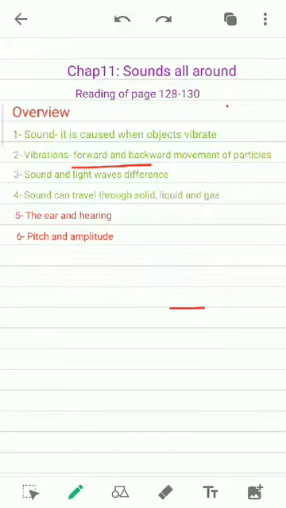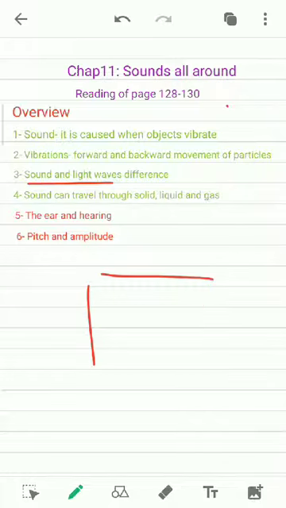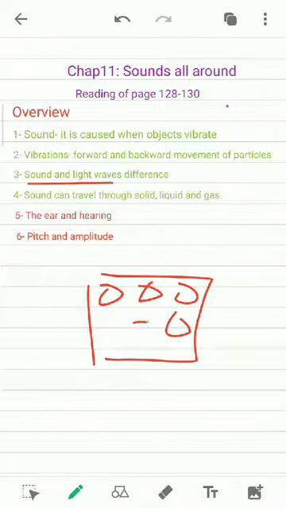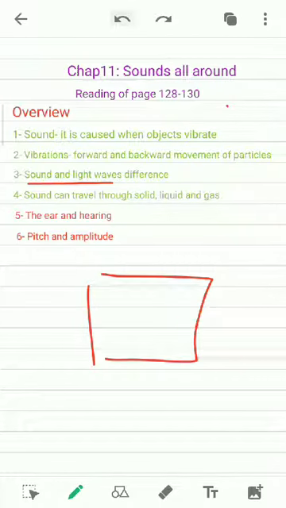Sound and light, these both are waves, but they are very different from each other. As we discussed in our previous lecture, sound needs particles. Everything around us is made up of particles. When these particles vibrate, they transfer the sound from one particle to another. So sound waves require these particles.